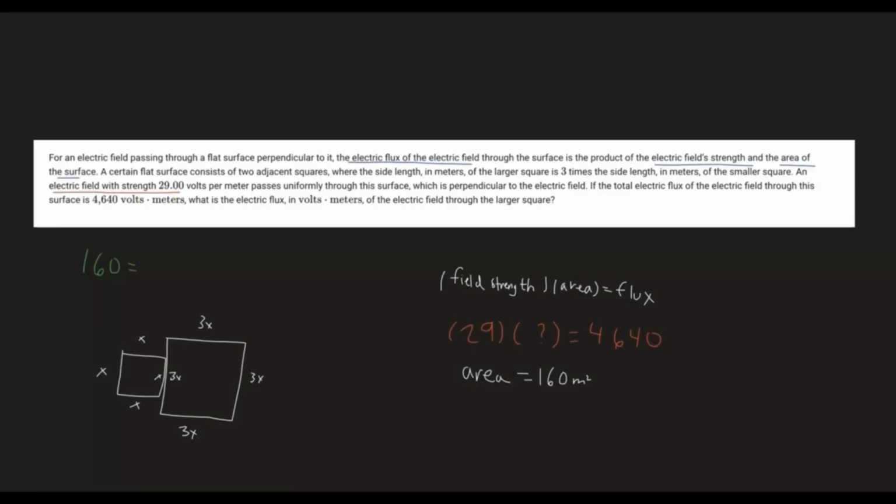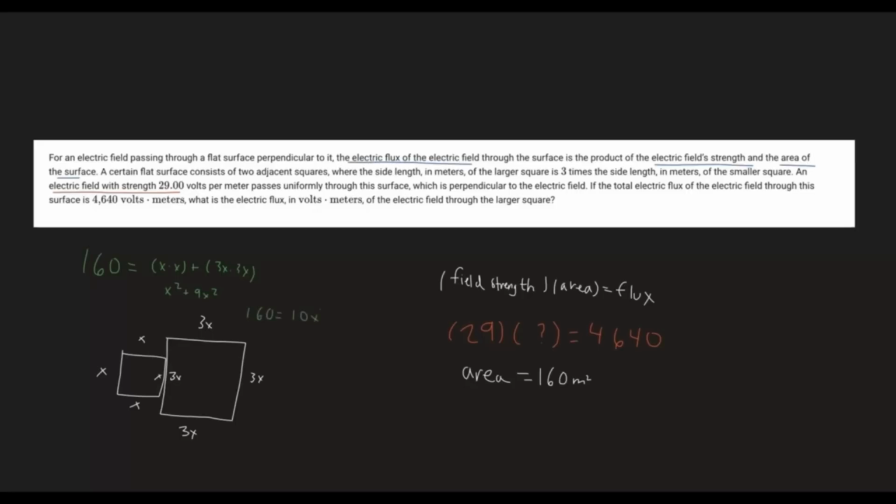So we have x times x, and we add this to the other square, which is 3x times 3x. What we get here is x squared plus 9x squared. Those are like terms, right? So x squared plus 9x squared is going to give us 10x squared.